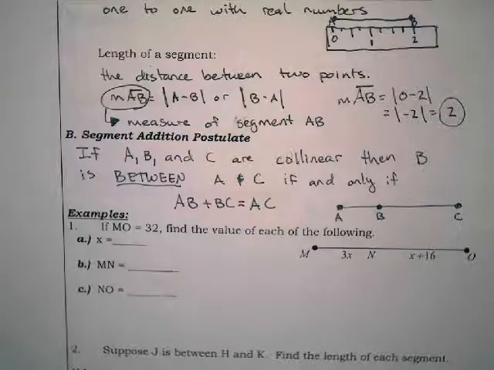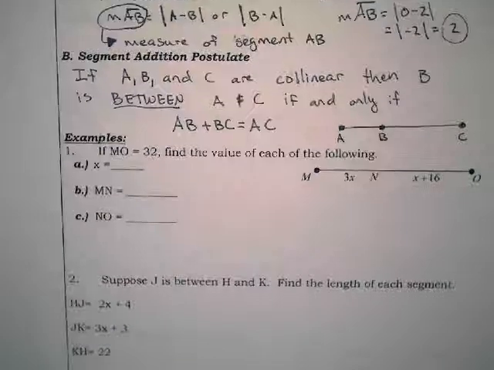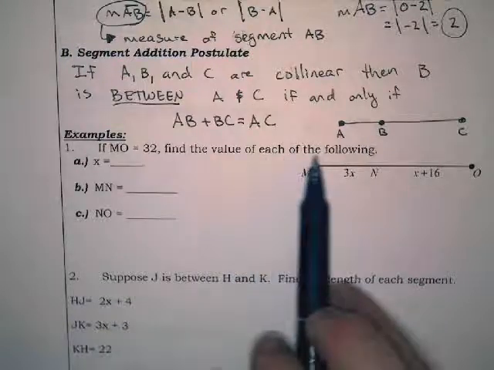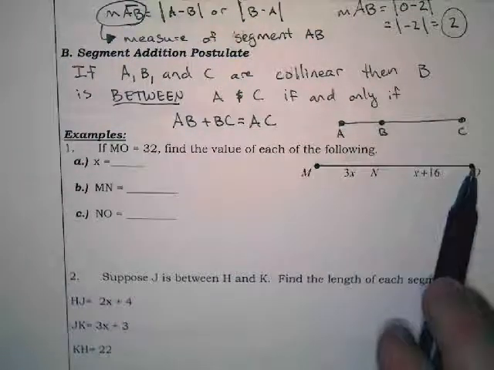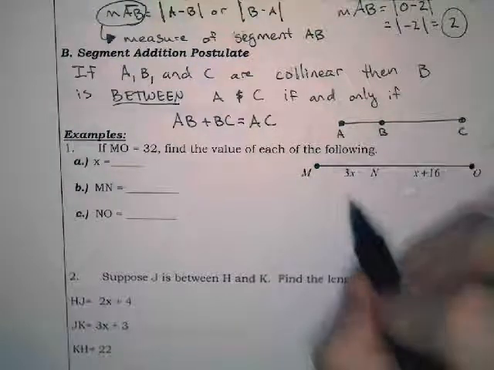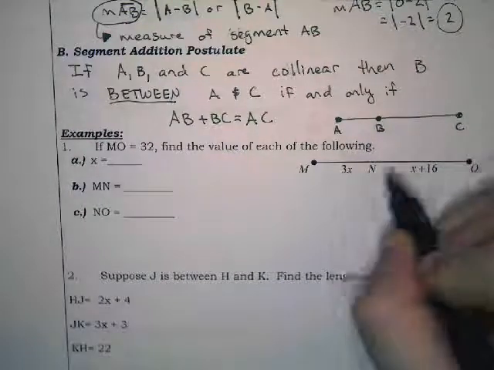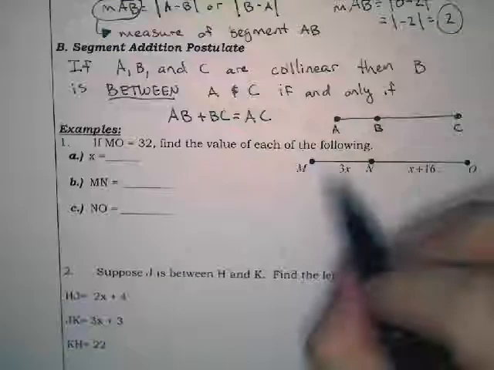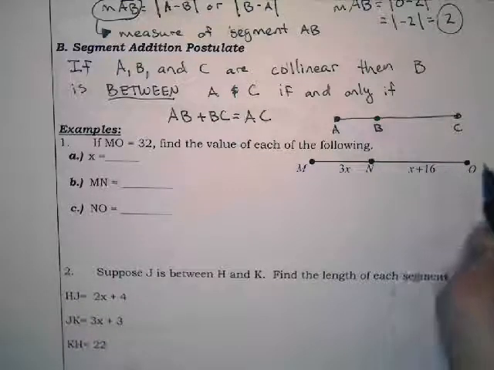Okay, so let's look at an example and see if we can use this. If MO equals 32, find the value of each of the following. So if M to O is equal to 32, the entire thing equals 32. So we know that, let's put N right there. We know that MN plus NO is equal to MO.